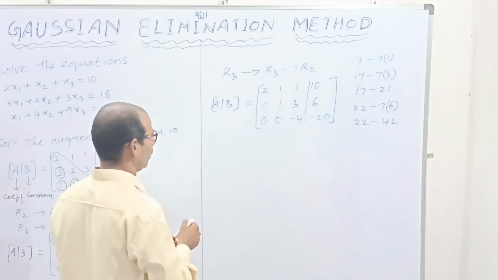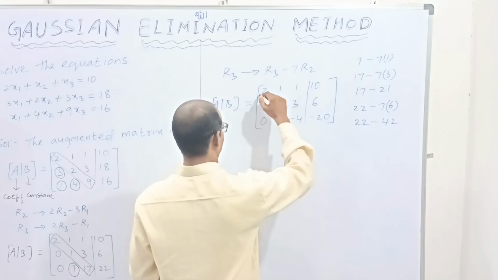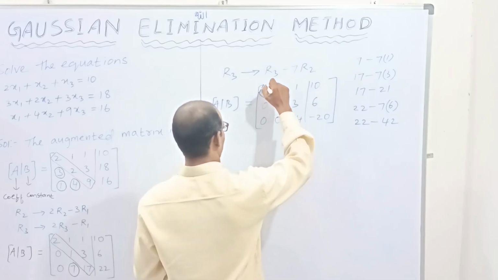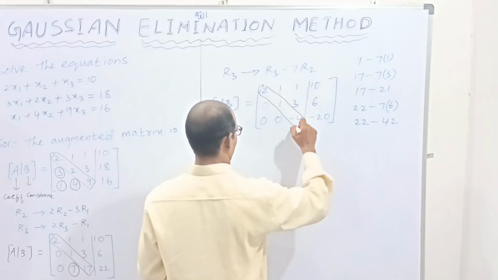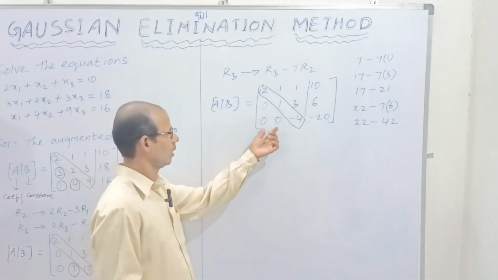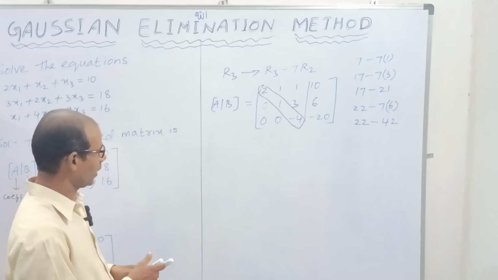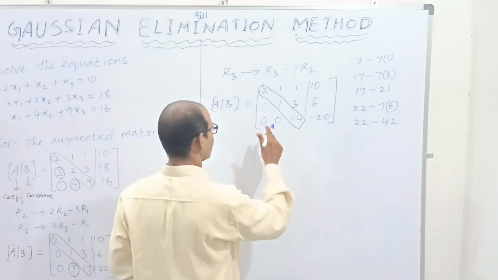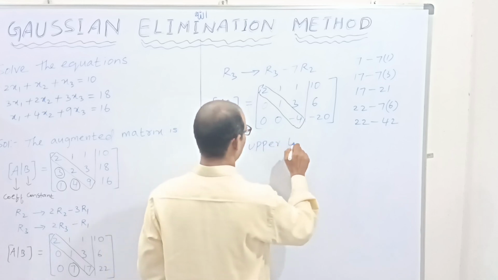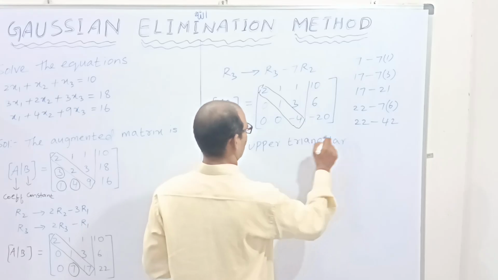Now if you see the main diagonal, the elements below the main diagonal are zeros. So this matrix is reduced into an upper triangular matrix.